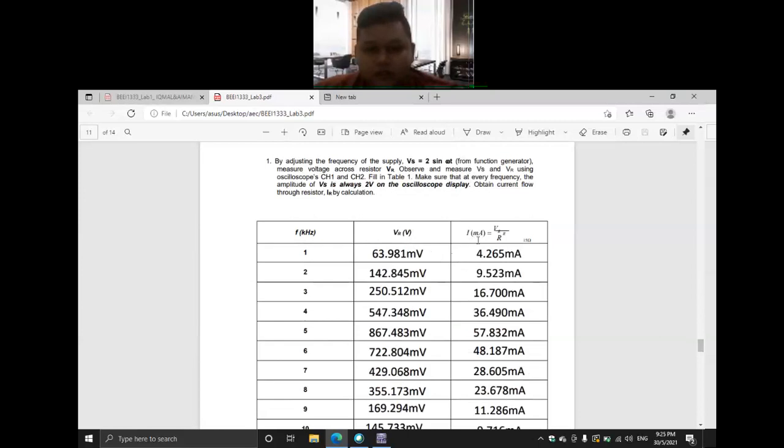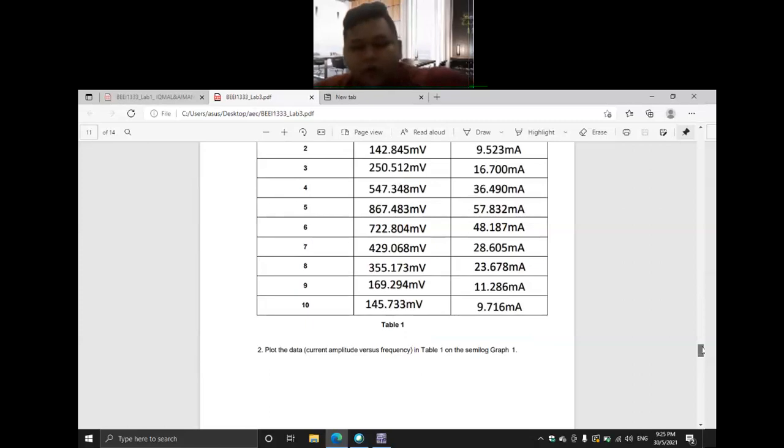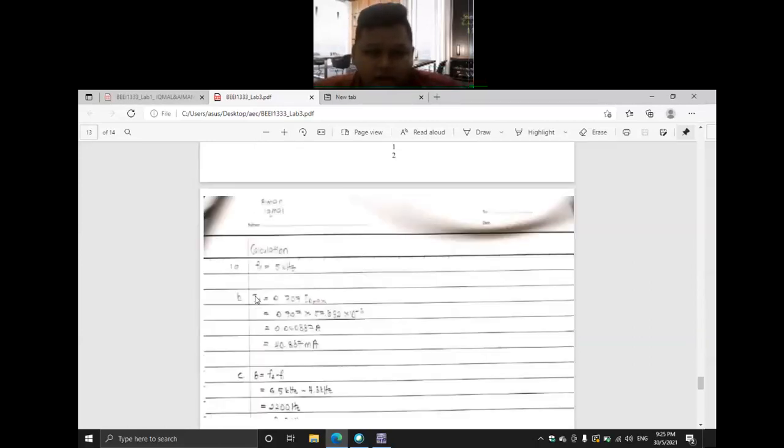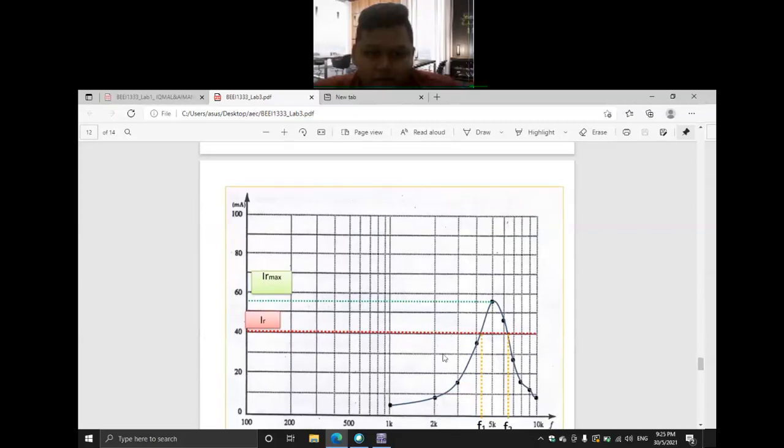We use Ohm's law, which is we use the value of VR and the value of R. R is 15 ohm, and from that we will get the value of the current through R. After that, we will plot the data which we get from the VR.